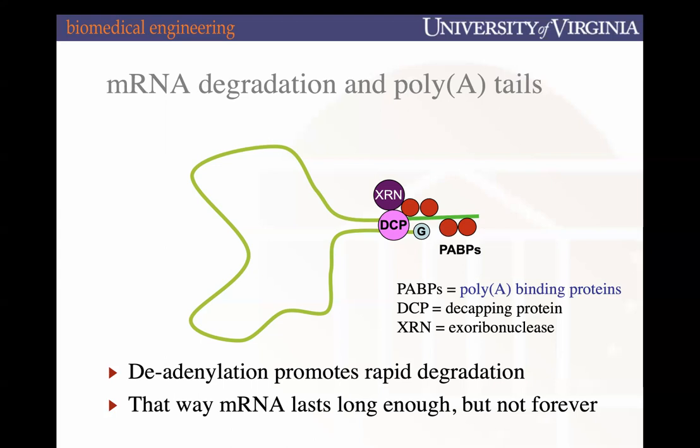I think the decapping protein is present out in the cytoplasm, because within the nucleus is typically where immature pre-mRNA is present. If it was present within the nucleus, a lot of mRNA would be degraded immediately. So the decapping protein is typically present within the cytoplasm.